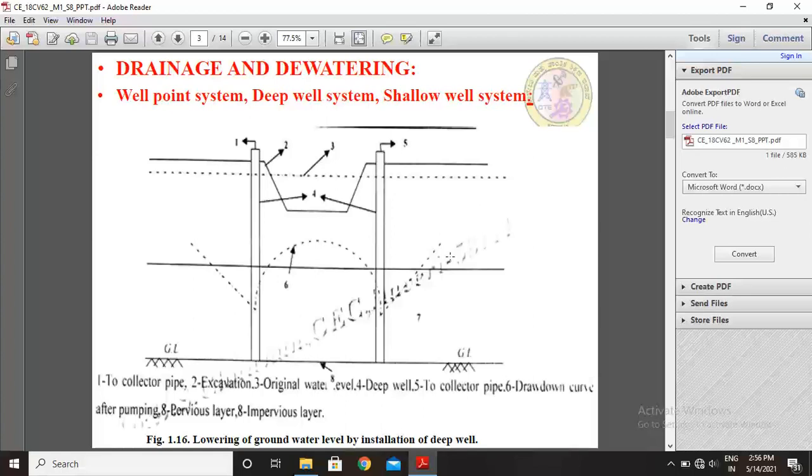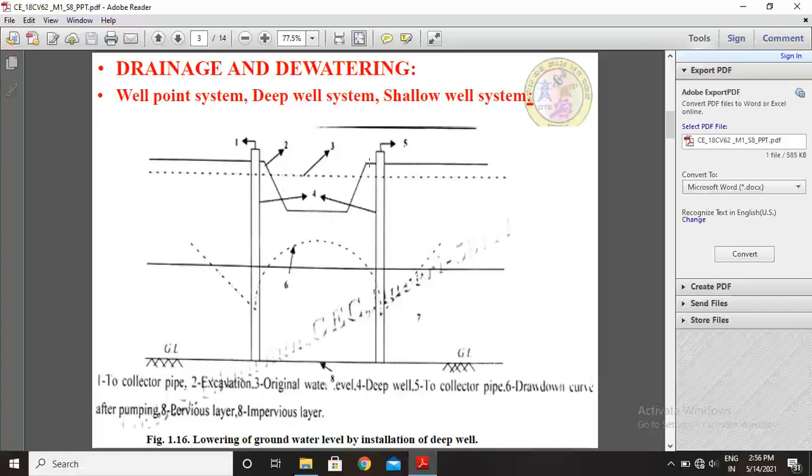Here, diagrams of the well point system, deep well system, and shallow well systems are given to show the lowering of groundwater level by installation of deep well systems. Let me explain this diagram. See here, these are the two collector pipes, and these are the excavations.